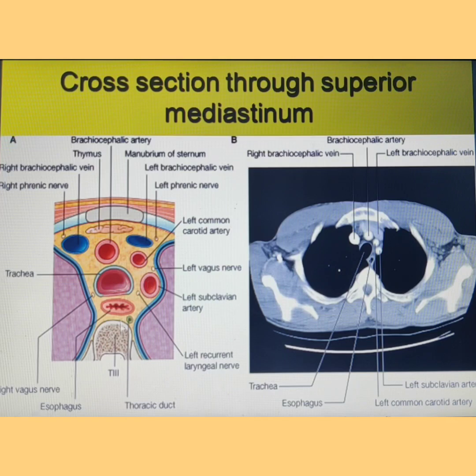The esophagus is anterior to the vertebral body, and anterior to the esophagus we have the trachea and the superior vena cava, which is formed by the union of the right and left brachiocephalic veins. It appears on the right side. So this is about the cross-sectional anatomy of the superior mediastinum and the structures which can be seen at the level of the T3 and T4 vertebra, or else at the T2 vertebra.